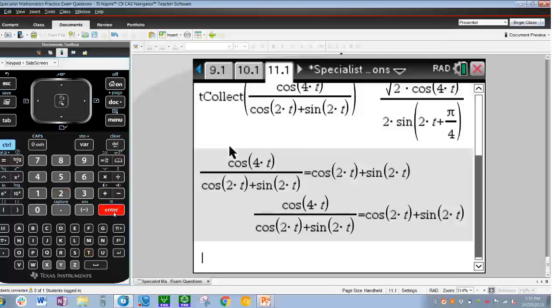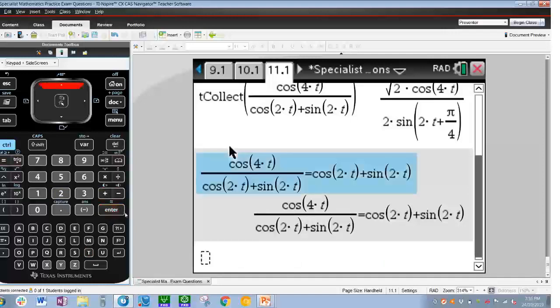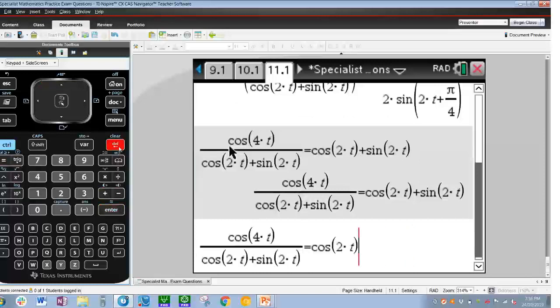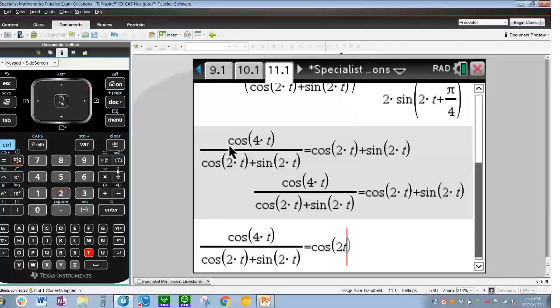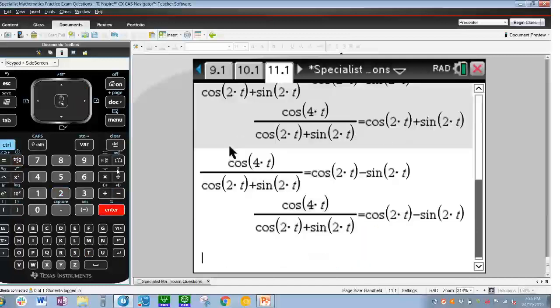Okay, so that doesn't come up with anything, so maybe let's try the next one. I can press up a couple of times, delete these, and then let's try cos of 2t minus sine of 2t. So trig cos of 2t minus sine of 2t. Okay, that doesn't come up with anything.